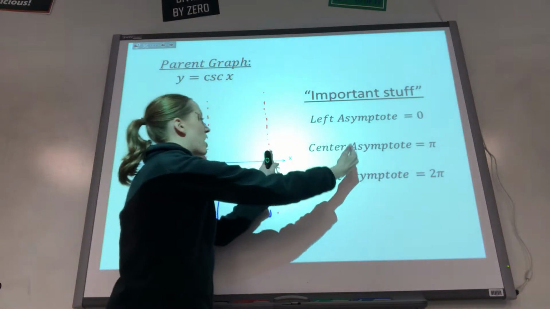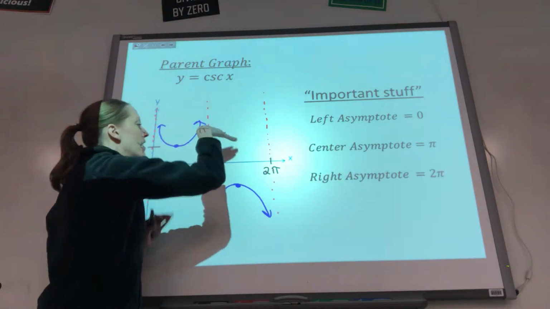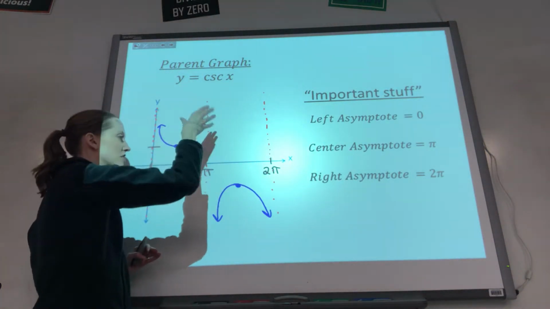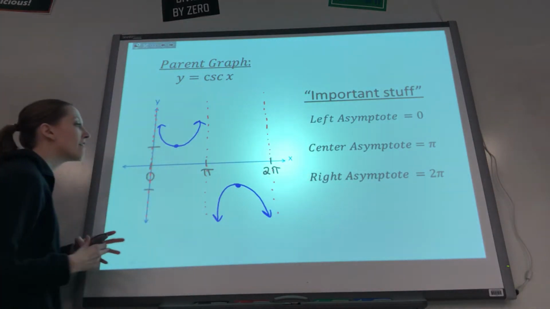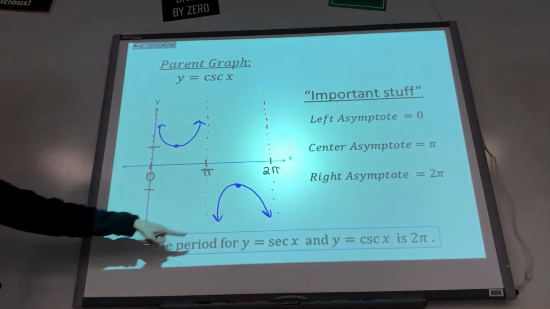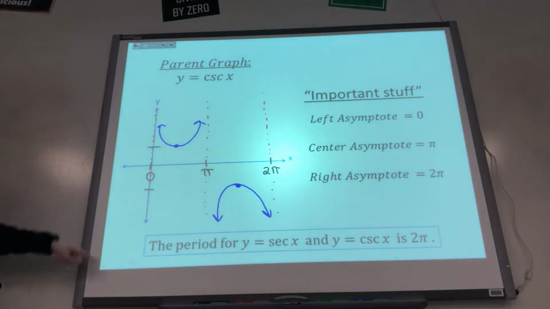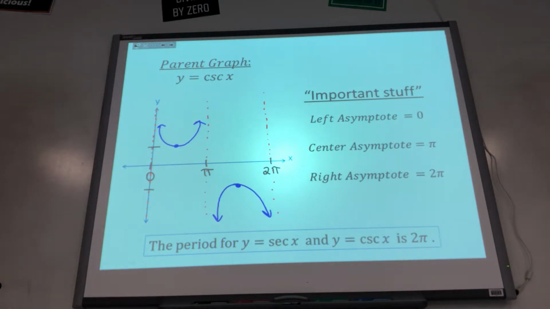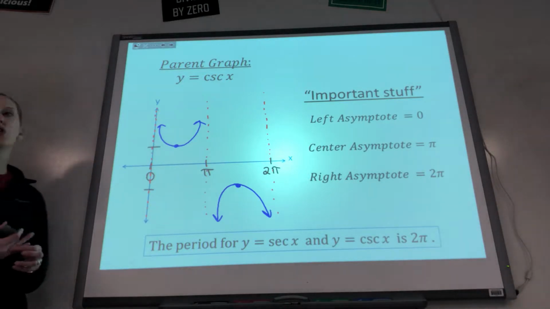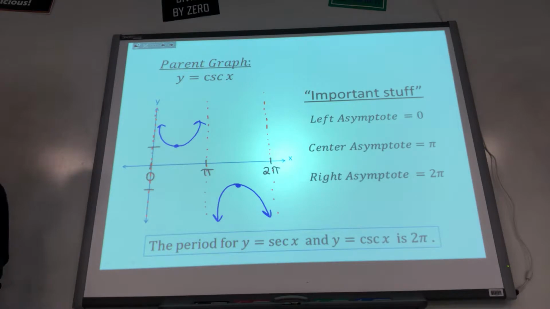The next little chunk over would be that part, then that part again, and it just keeps doing that forever and ever. So to summarize that, I just put back up here that the period for y equals secant of x and y equals cosecant of x is 2 pi. The period is 2 pi.